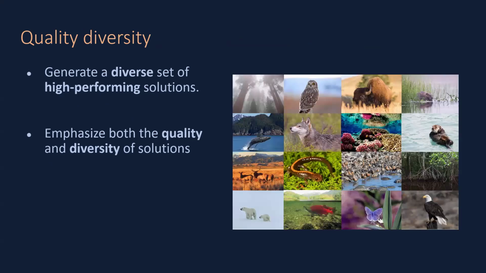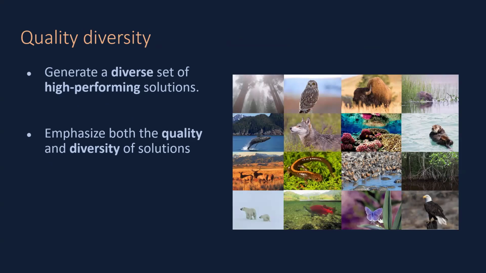So quality diversity is based on what we see in nature. In nature, you have this huge set of living organisms that are all good at their own thing, but there's not one organism that's good at everything.